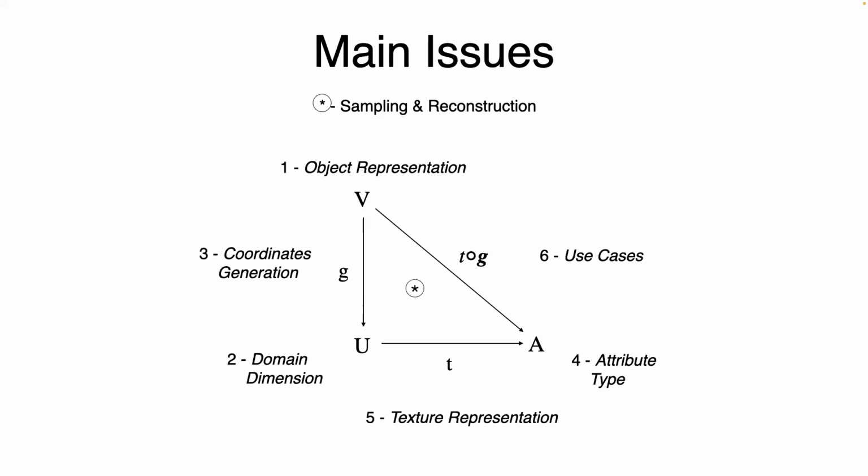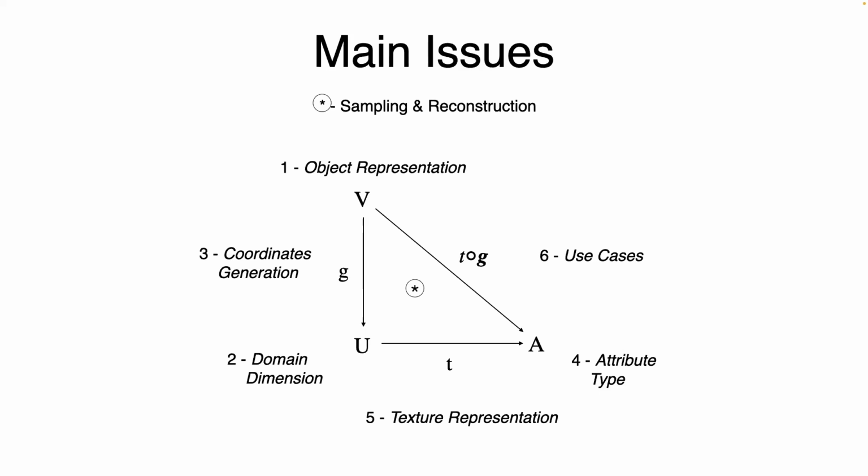And then having all this, we finally need the composition, the different uses of texture. And we're going to characterize how we choose these representations and the domains and things like that. And the most important thing here is in the middle, this asterisk, that is to do all that, we need to do sampling and reconstruction.